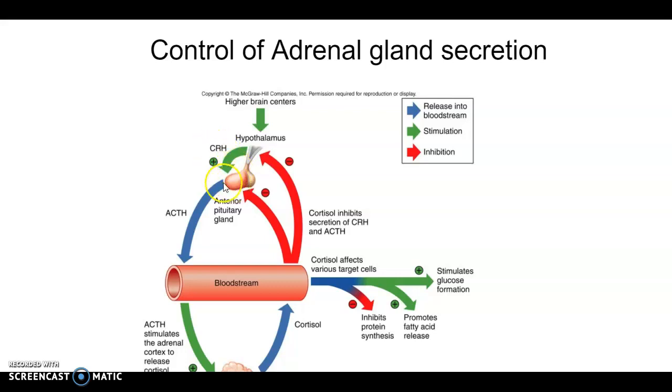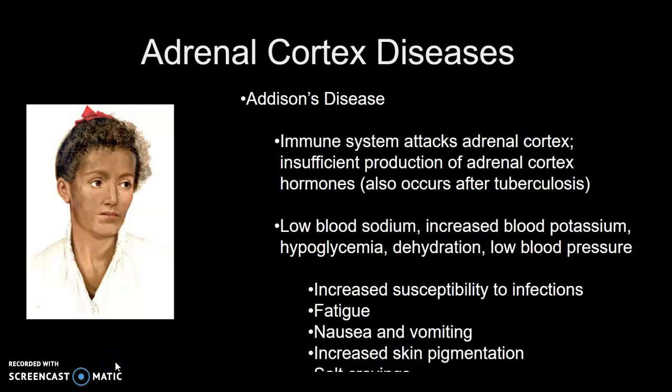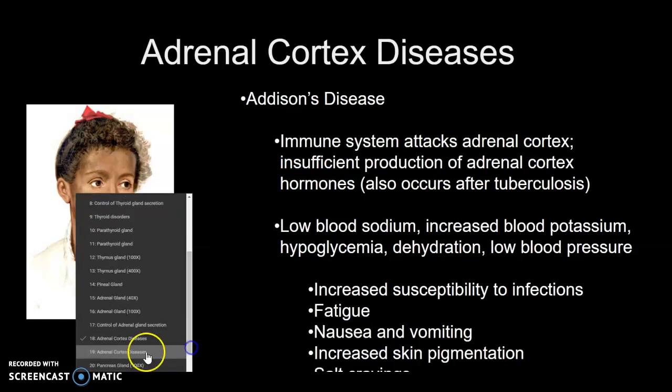The anterior pituitary produces which hormone that will stimulate the adrenal gland? Of course, it is the adrenocorticotropic hormone, right? We know this, yes? So again, you have to know the control. And like I said, this is just a repeat. The diseases, make sure you're looking at the diseases, and you are taking this information from your lecture notes. All right.